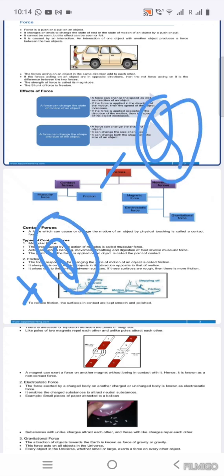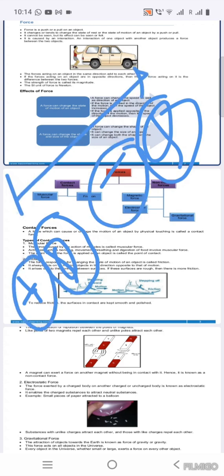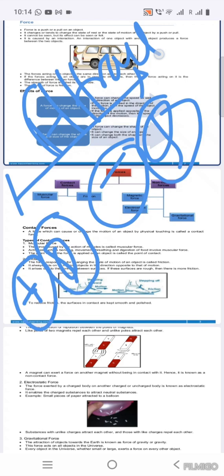Here you can see that one charge is positive and another charge is negative, so there is a force of attraction between the two charges, because both charges are unlike charges.